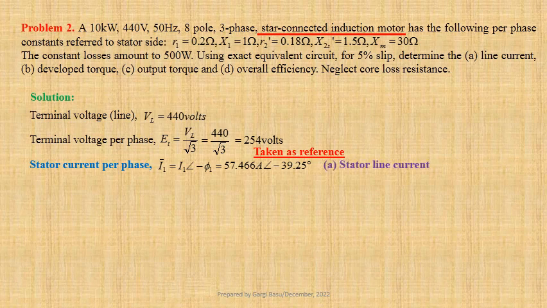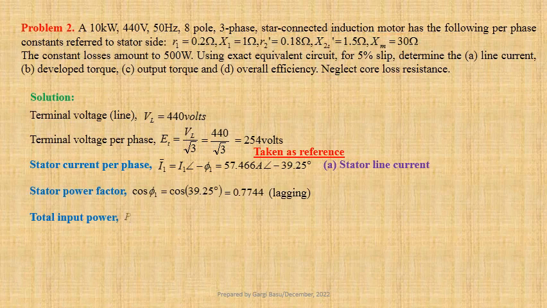Let us now determine stator power factor. Cos phi1 equals cos of 39.25 degree, that is equal to 0.7744 lagging.